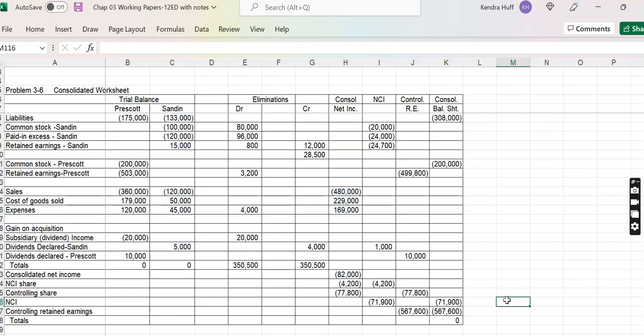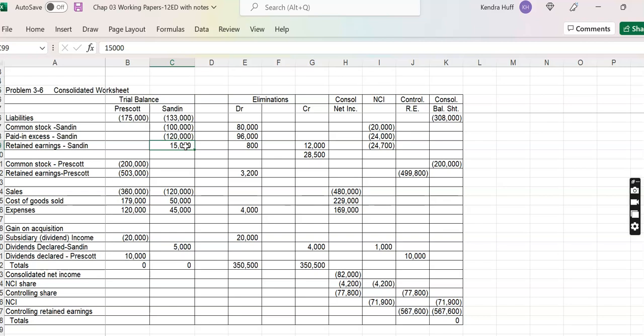They're pretty straightforward. To do the statement of retained earnings though, for the NCI, you have to have two columns. All right, one for the NCI and one for the controlling. The NCI is going to start with this 15,000, all right, at 20%.